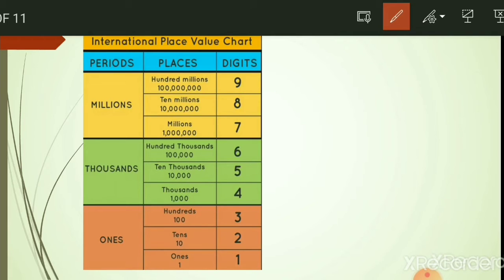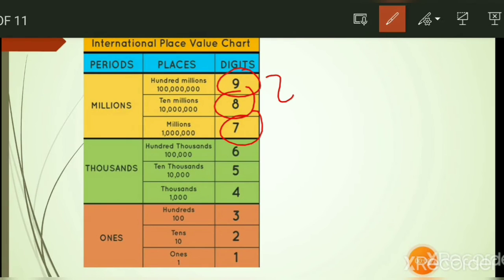Let's start from the first period, that is of millions. As you can see, in this period we have 3 numbers, that is 987. This 9 is at the 100 millions place, this 8 is at the 10 millions place, this 7 is at the 1 millions place. So we can name it as 987 million.